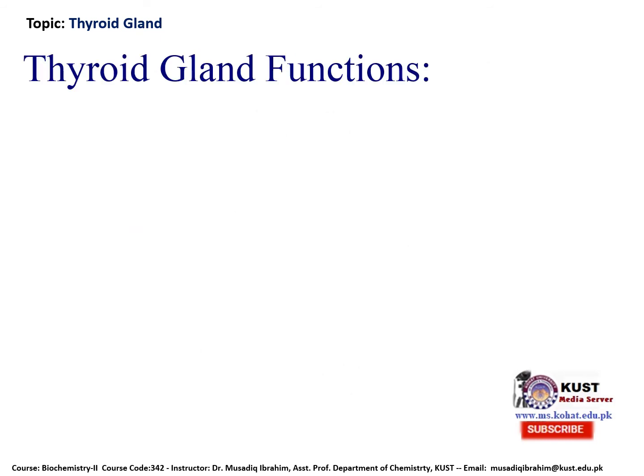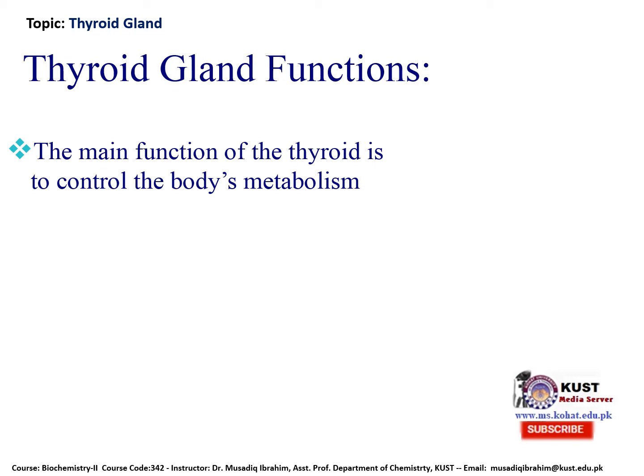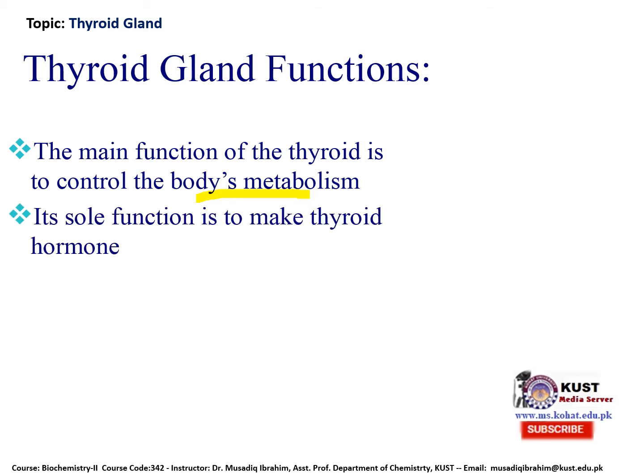Now move towards the thyroid gland functions. So main function of the thyroid is to control the body metabolism, that is collectively the anabolism and catabolism of the macromolecules like the carbohydrates, proteins and fats.